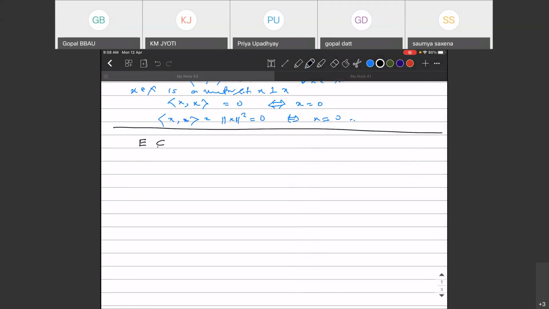Suppose we have a set E in an inner product space X. We define E perp as all x in X such that the inner product <x, a> is equal to 0 for all a in E. This is the definition of E perp, which is called the orthogonal complement of E.